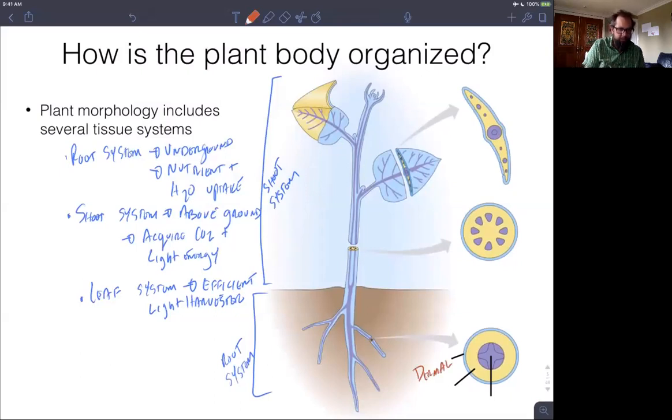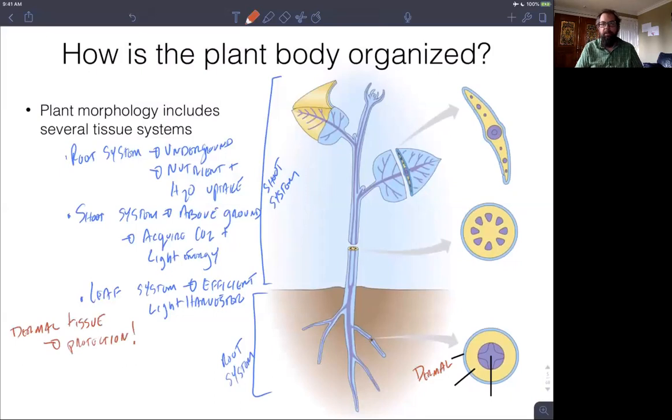The dermal tissue has a very specific role, and it's the same as the dermal tissue system in our bodies and in animal systems. You can think about what the main role for that dermal tissue system is. Well, that is protecting the plant body, right? So protection is our big role for dermal tissue.